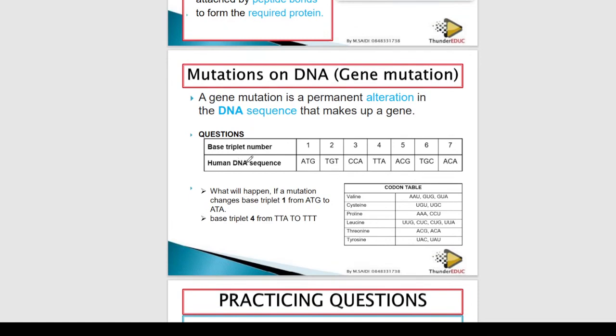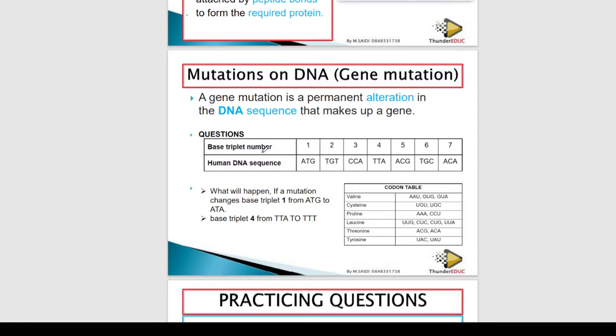They're saying that you have two alternatives. If a base changes in the sequence and it leads to the formation of a new protein, then the functioning of the protein will change.